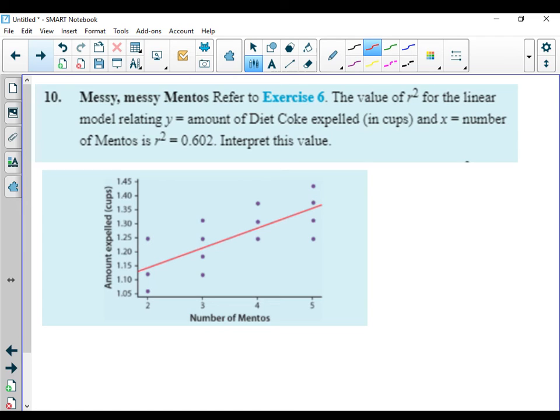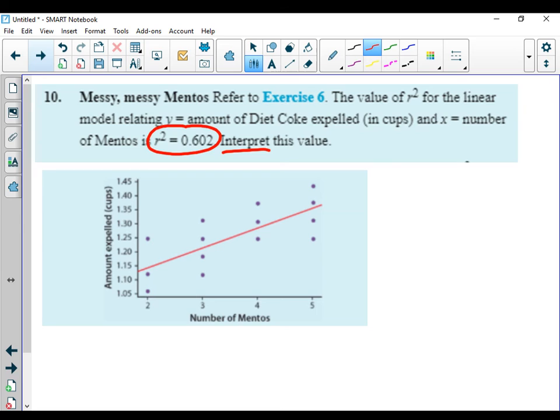What we wanted to deal with, though, was the fact that we had an R-squared value of 0.602. And we wanted to figure out, all right, what's that telling me? Remember, another name for R squared is the coefficient of determination. In other words, what we're talking about is how much does the X value affect the Y value? And we're figuring that by a percentage.